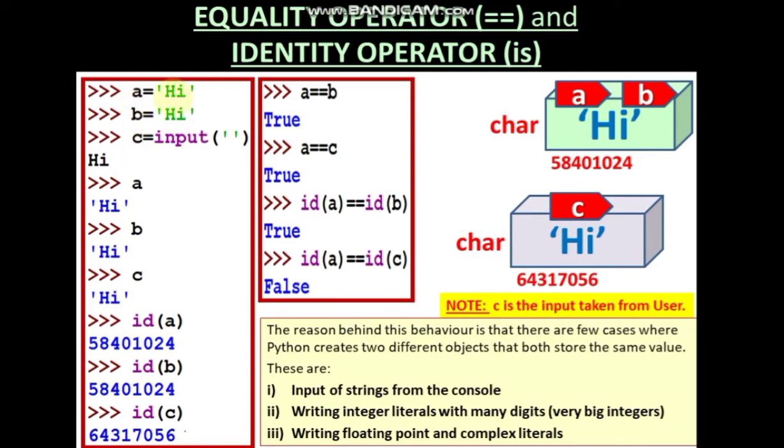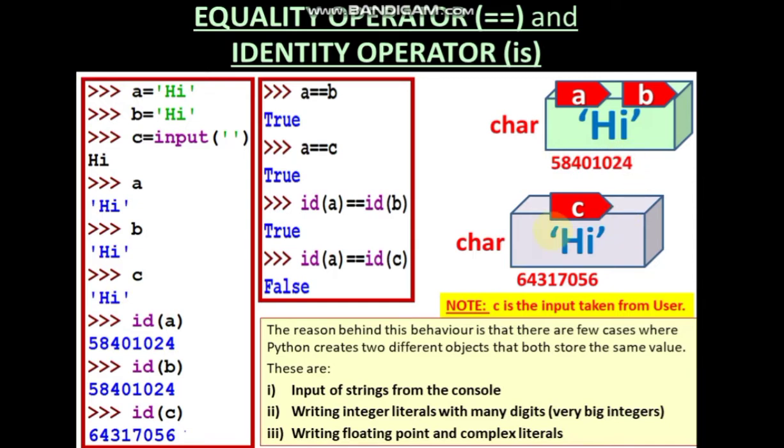One variable A we have assigned 'hi', a string, B another string 'hi', and C we are taking as input, a string input from the user. Now suppose the user has given 'hi' again. The fact is that A and B both are pointing to the same ID, the same memory location which is holding the value 'hi', a string.